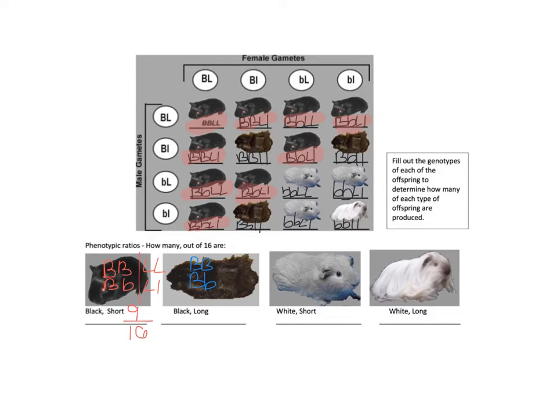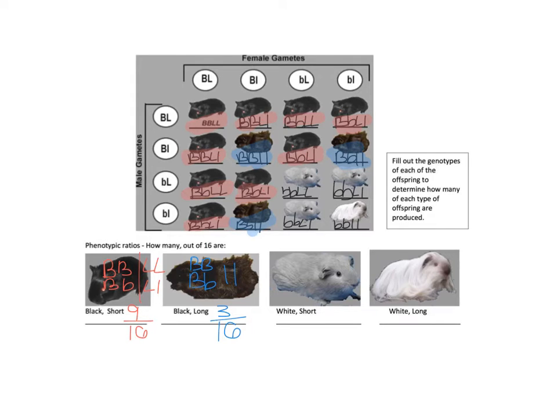But to have long hair, they'd be little l, little l. So now I'm looking for my offspring that have at least one big B, but they must have two little l's. So I have 1, 2, 3. So 3 out of 16 have black fur and long hair.